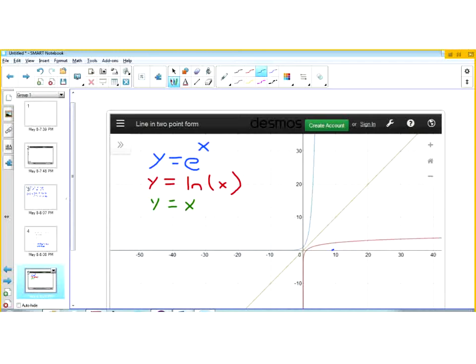And since the red and blue curves are inverses of each other, they are symmetric with respect to the line y equals x. So what does that mean when we say that the two curves are symmetric with respect to the line y equals x? Well, here's what we mean. If I pick a point, say on the red curve, right here, let me use a red dot on the red curve for clarity's sake.